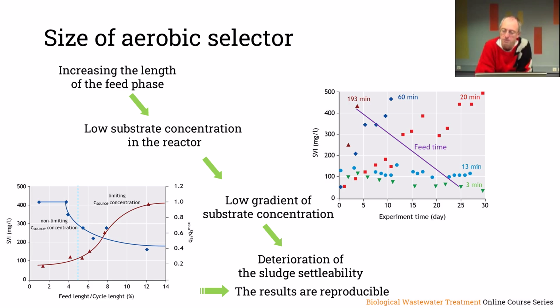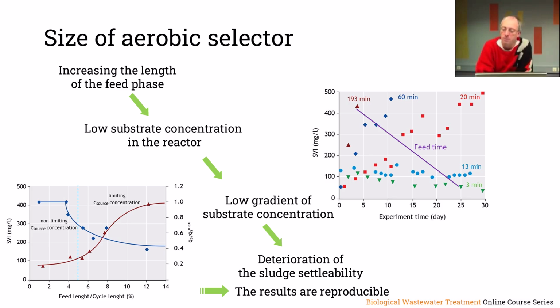And what you see is that if you have relatively short feeding periods, like in a selector and like in a plug flow reactor, you get a stable sludge volume index, which might even slightly decrease. Whereas if you have longer periods, even of 20 minutes, 60 minutes, or 90 minutes, you see that the sludge volume index in time rapidly increases, and the more completely mixed the tank is, the more the competitive advantage obviously is for filamentous bacteria, the quicker the sludge volume index is increasing.